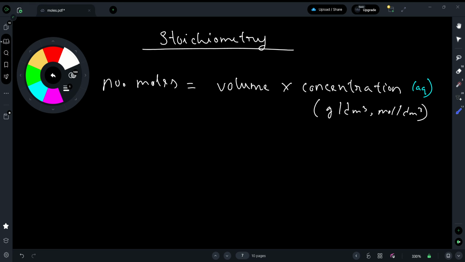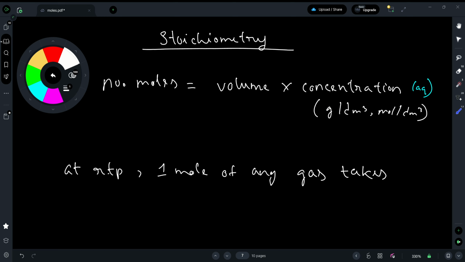Another thing you have to remember is that at room temperature and pressure, RTP, 1 mole of any gas takes up 24 dm cube of space.